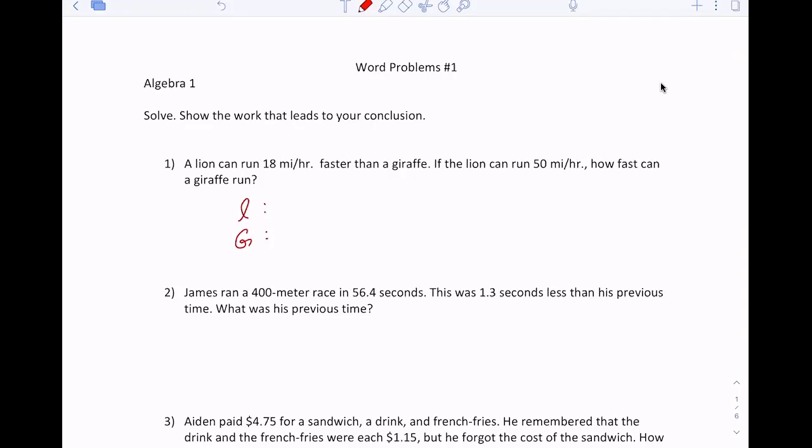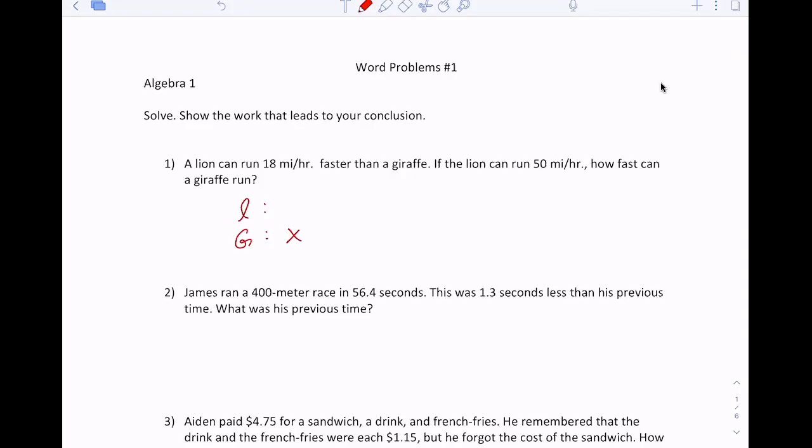I know you can just tell me what the answer is. I don't care. I'm trying to show you how to set up a relationship when two things are related to each other. A lion can run 18 miles per hour faster than a giraffe. I have no idea what the giraffe can run, so I'm going to make the giraffe an X.